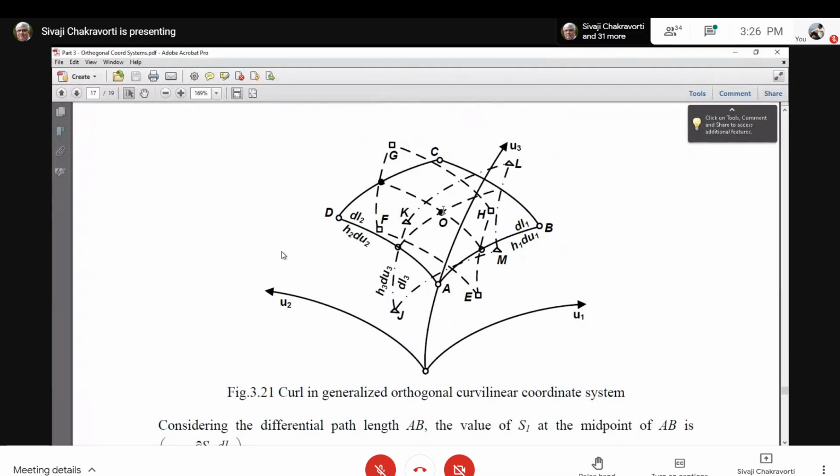What happened on the line CD? From the midpoint O, it is along the U2 direction, and it is also half of the length, that is dl2. This is dl2 here, h2 du2. So dl2 by 2 in the increasing direction, so it is plus. And we are integrating along line CD, so we will take the S1 component at this midpoint.